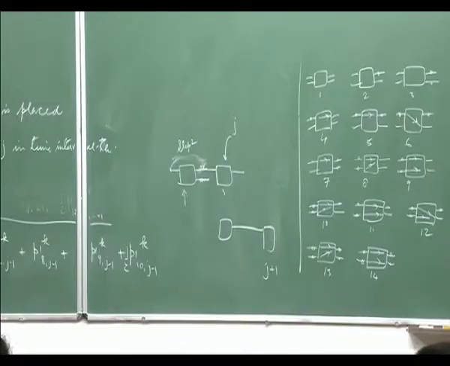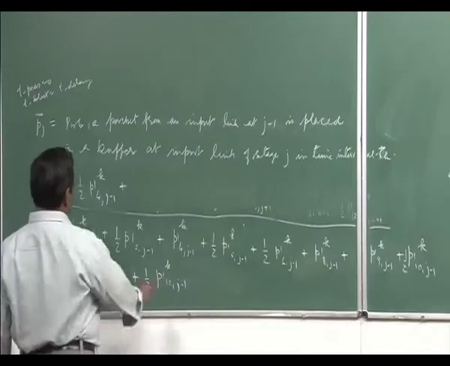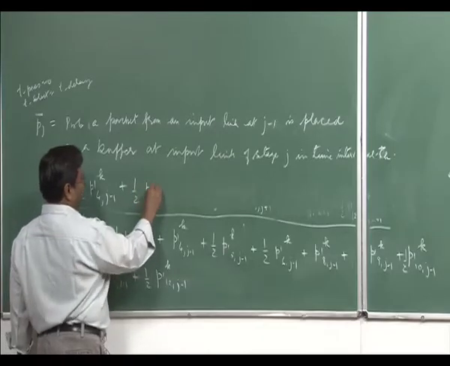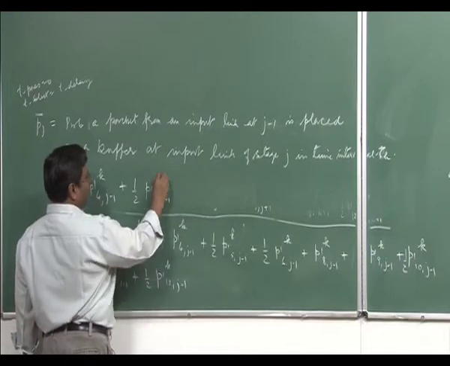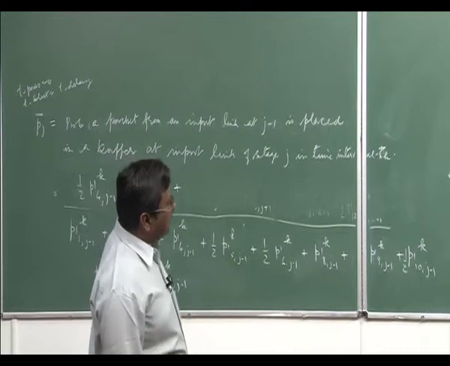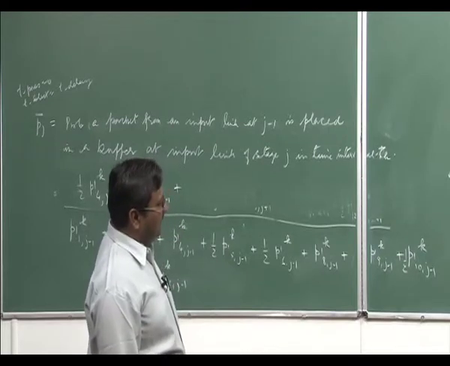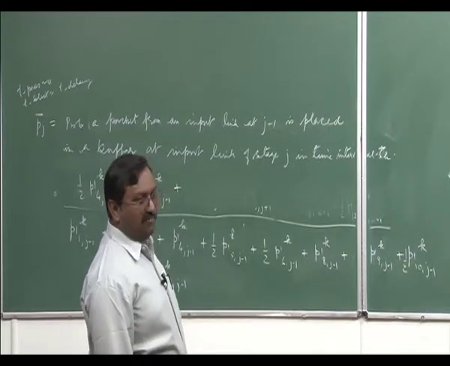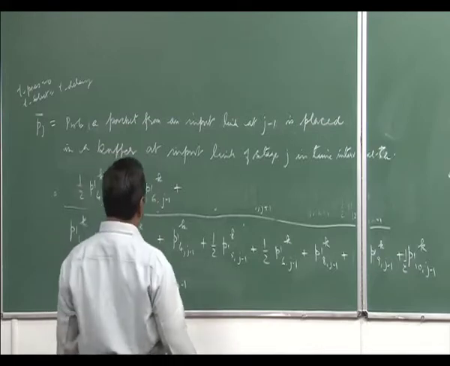P5, no, there is no possibility. If you are in that state, packet will not come in. State 6, this is going to happen with half probability. Then after 6, 7, nothing. 8, you will get with half probability a packet.